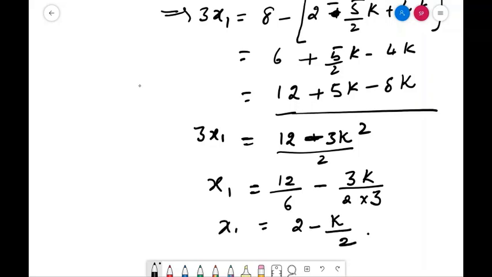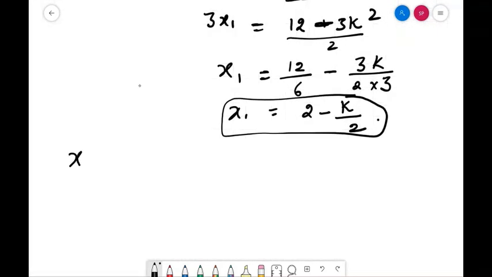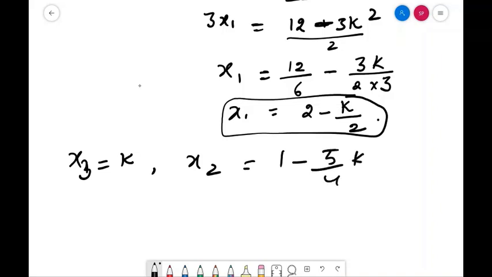This is the x1 value. So what did you observe here? We assumed x3, which is a free variable, as k. Then we got the x2 value as 1 minus 5 by 4 k and the x1 value as 2 minus 1 by 2 k.